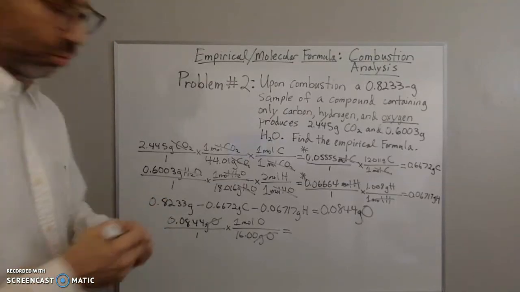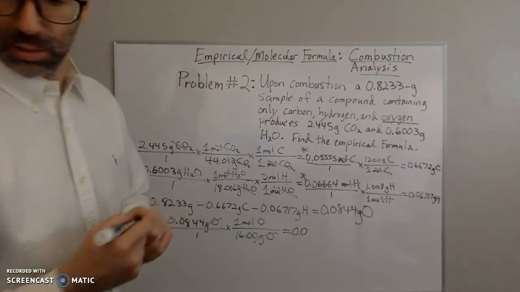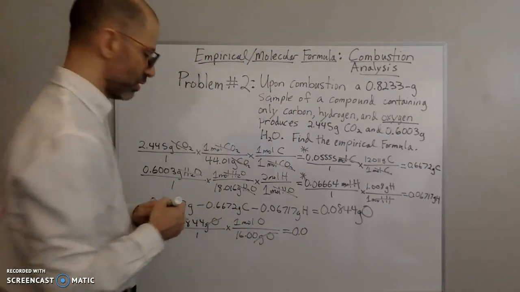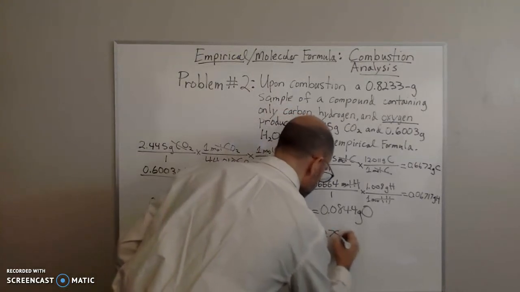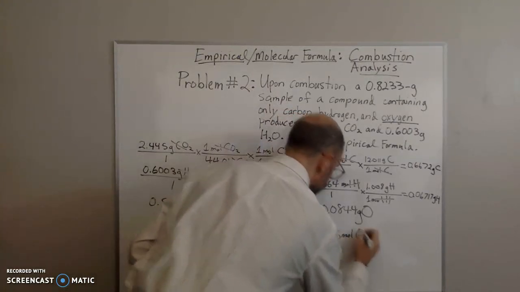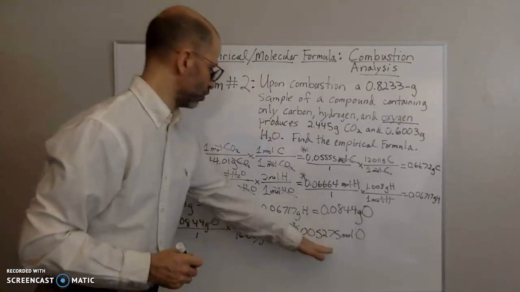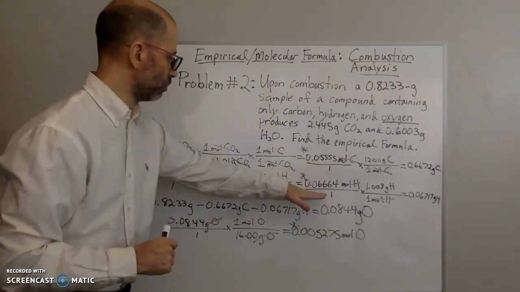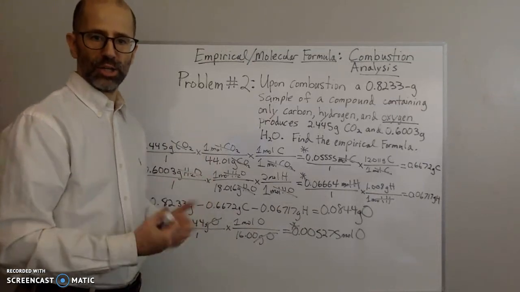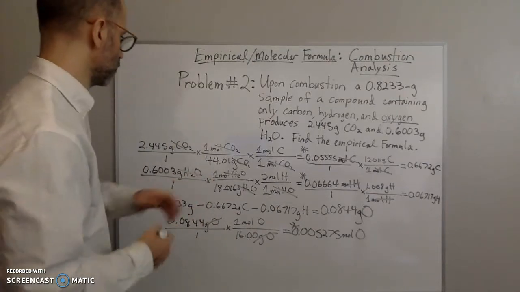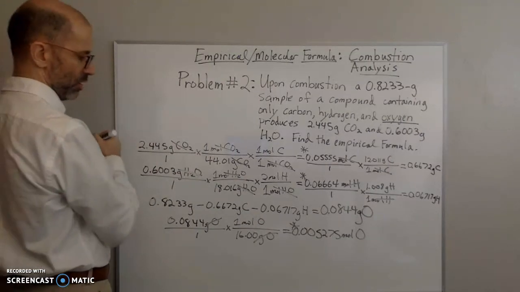And the moles of oxygen is 0.05275. So now I have moles of oxygen, moles of carbon, and moles of hydrogen. Now I can do my regular empirical formula problem. I'm going to write out my formula up here.